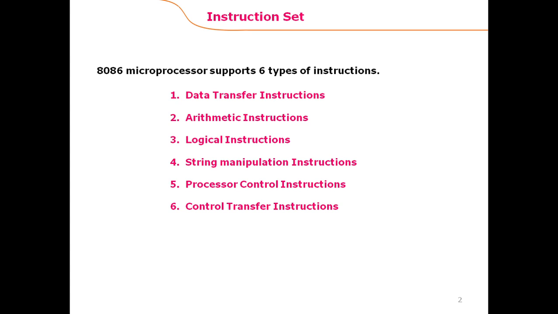These instructions are responsible for transferring data between registers, memory, and input and output devices. For example, they can transfer data between registers, from register to memory, from memory to register, from input and output I/O devices to memory, and so on.